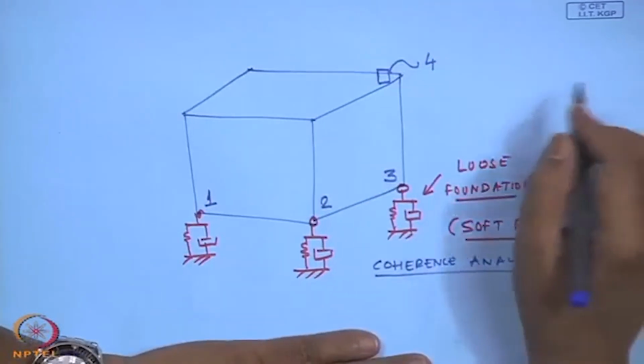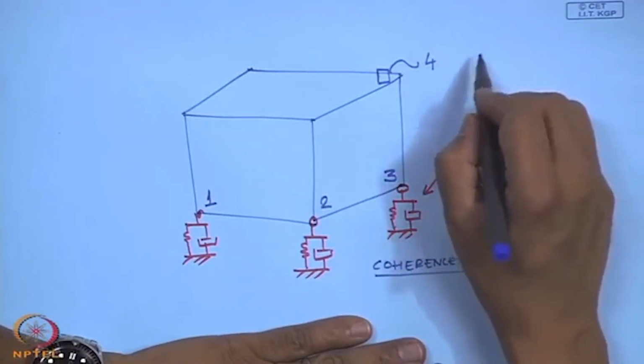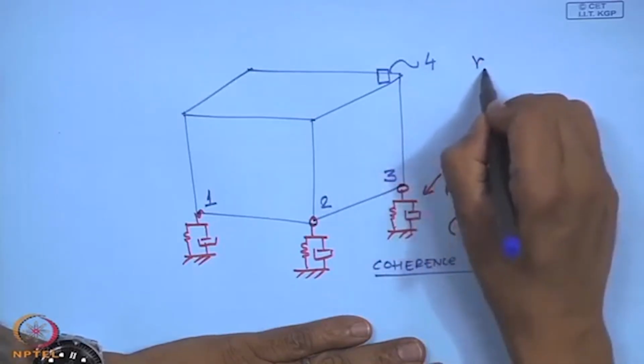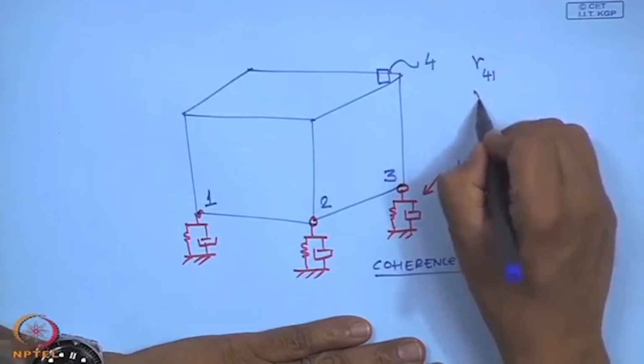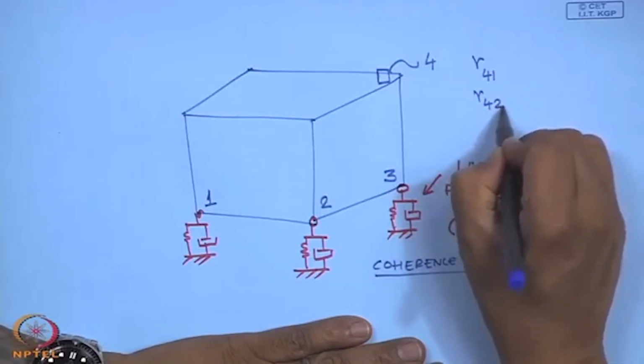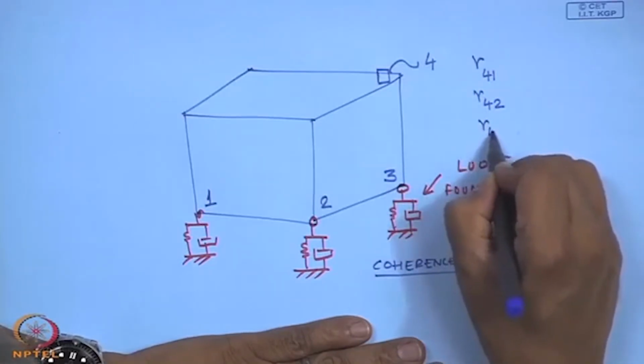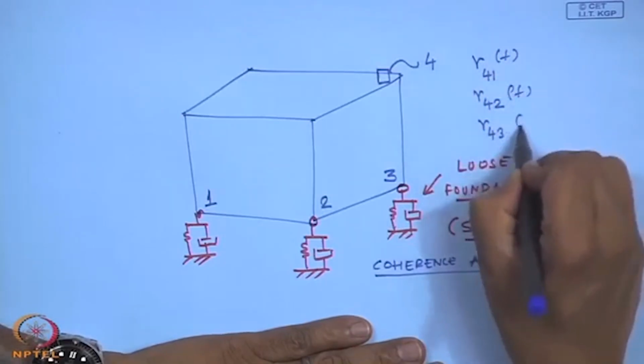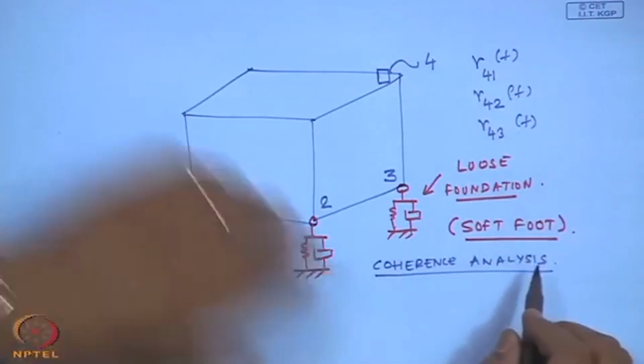So, what I will do between transducers 4 and 1, 4 and 2, 4 and 3, I will find out what is known as the coherence function.